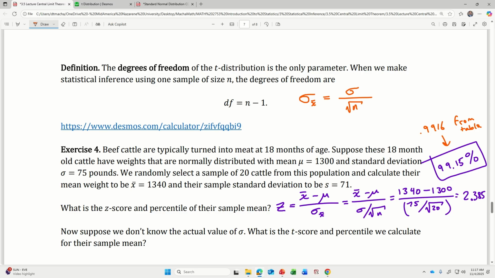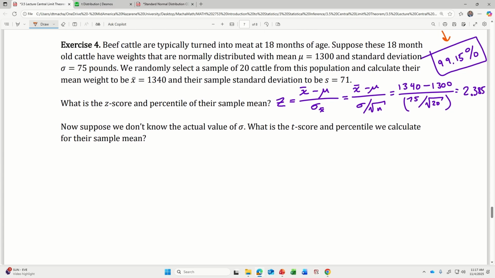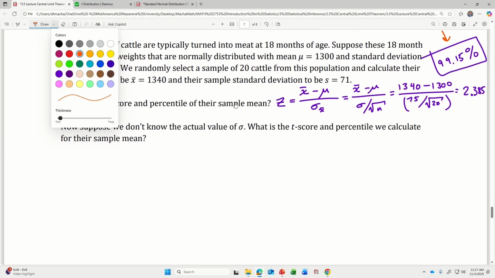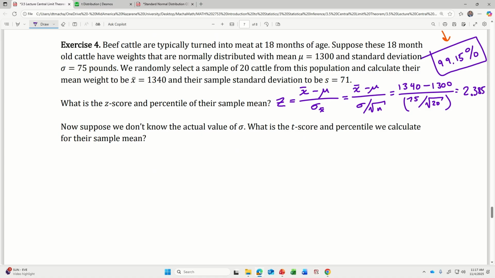All right, it says, now suppose we don't know the actual value of sigma. What's the t-score and percentile we calculate for their sample mean then? So again, pretend we don't know the actual value of sigma, okay? This means pretend we do not know that sigma equals 75.